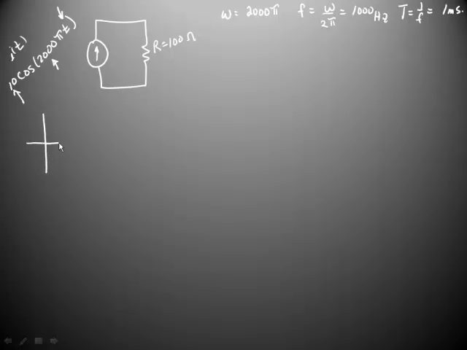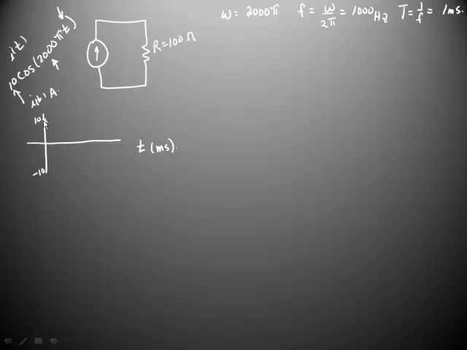Draw our axes. The horizontal axis is going to be time in milliseconds. We're sketching I of t in amps. Our peak value will be 10 amps. The peak inverse value will be minus 10 when the cosine goes to minus 1.